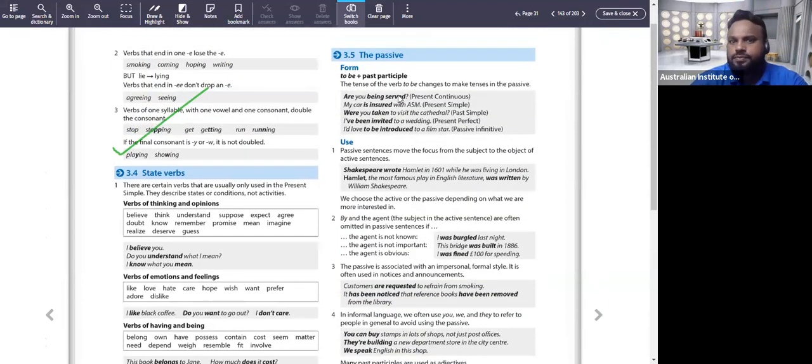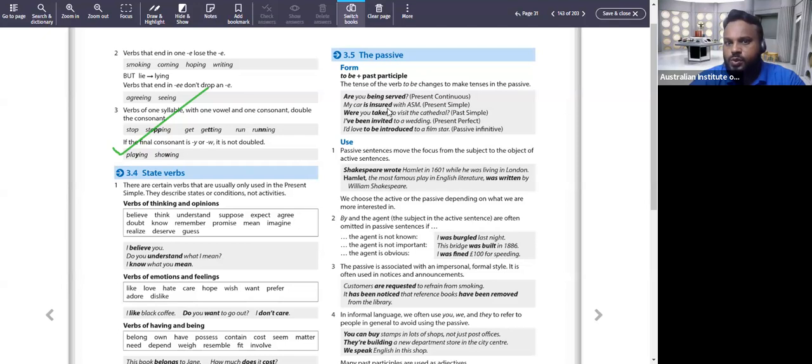The passive voice form is to be plus past participle. The tense of the verb to be changes to make the tense in a passive. Like, are you being served? Present continuous. Are you being served? Present continuous. So this is the passive form of present continuous.